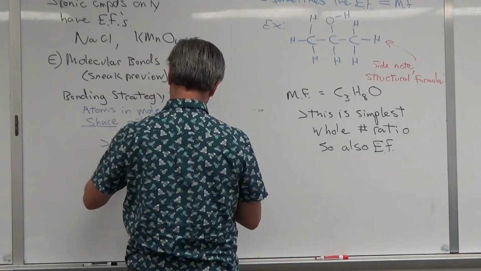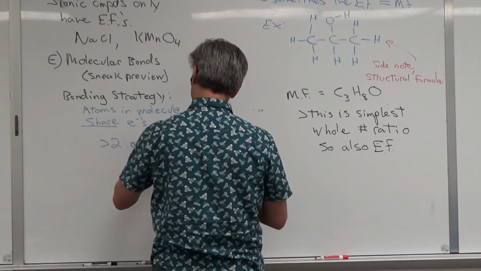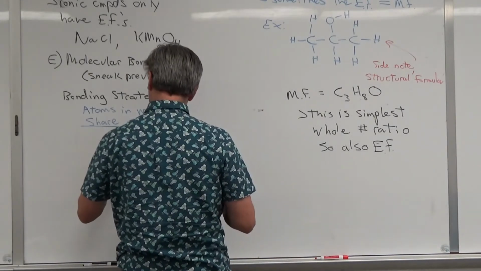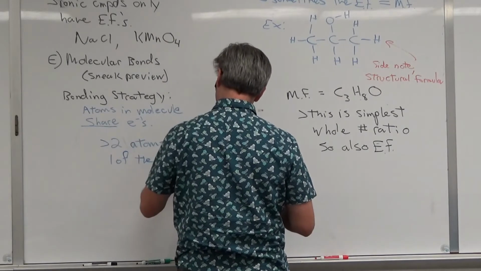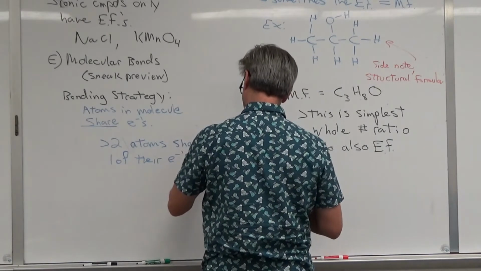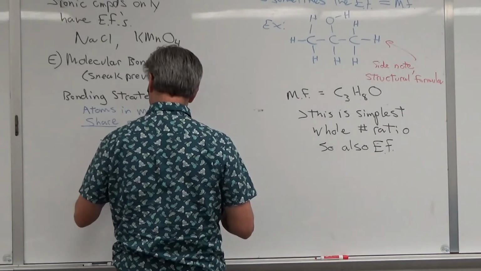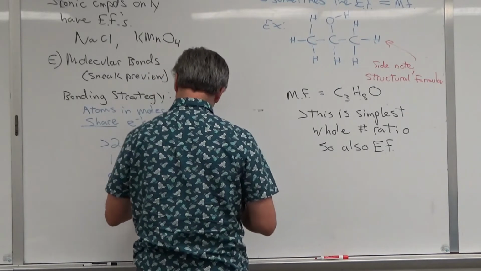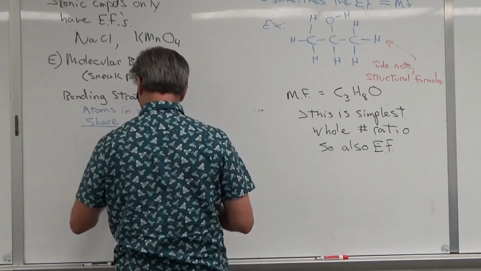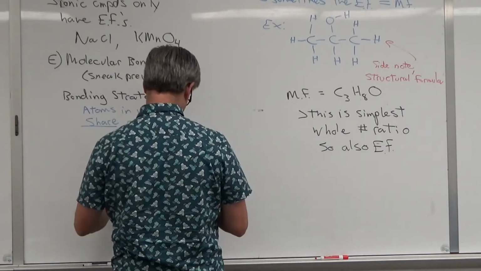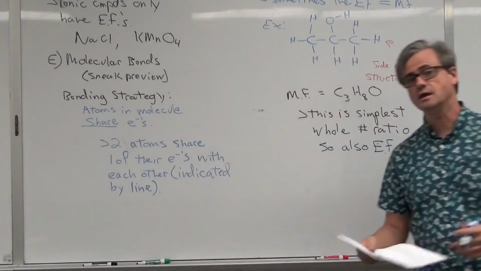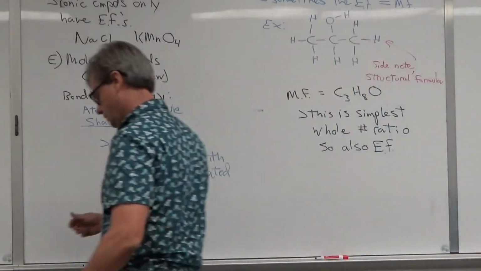In any bond, two atoms share one of their electrons with each other. This is typically indicated by a line when you're writing molecular bonds on a board. They're anything but a line in the real world, but written on a whiteboard, they're a line.